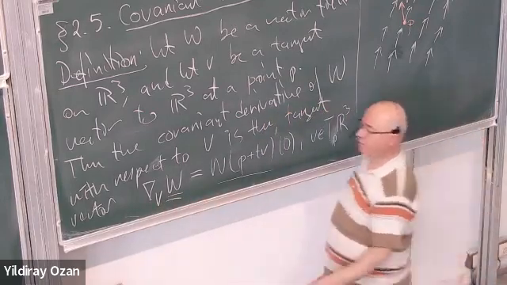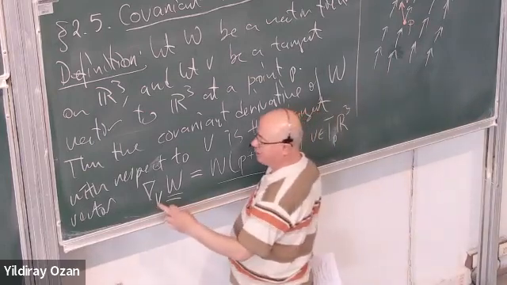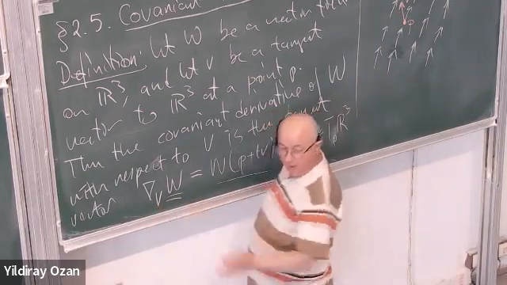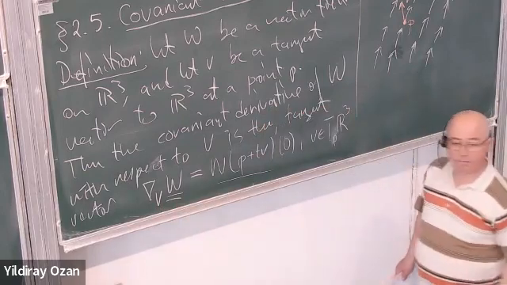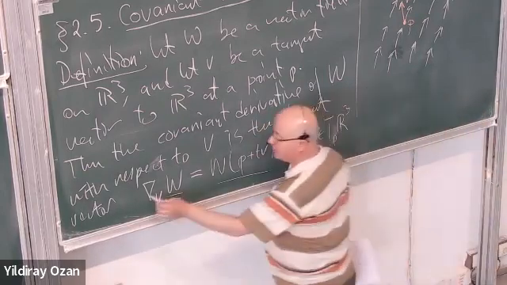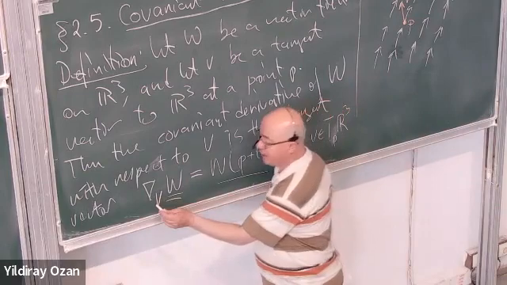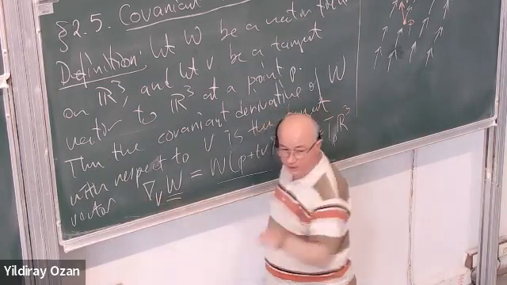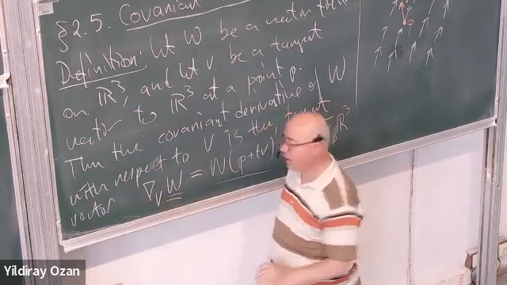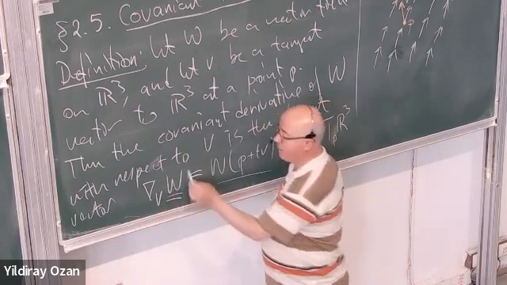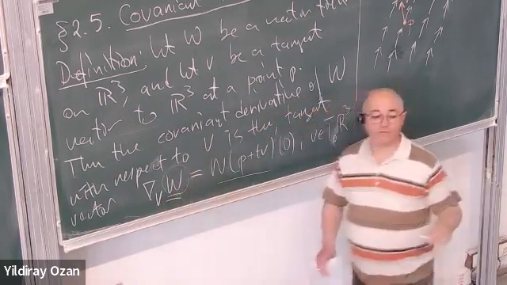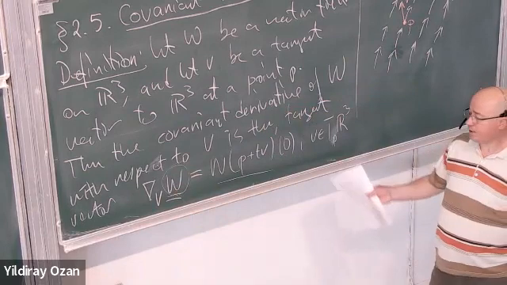But later we will see that we may choose also this gadget to be a vector field. But to define this, I don't need a vector field here. A single vector is enough. But here I have a function of something. What is that?